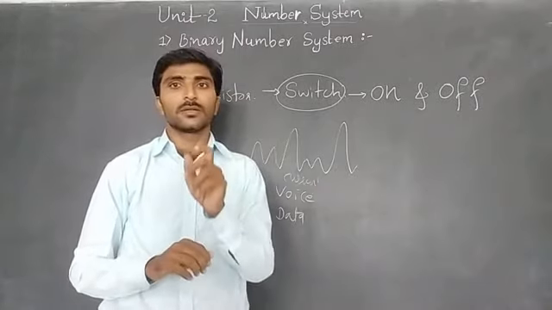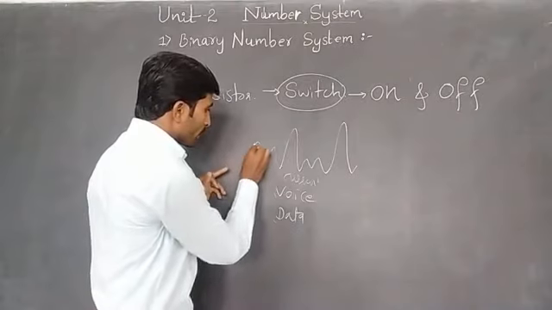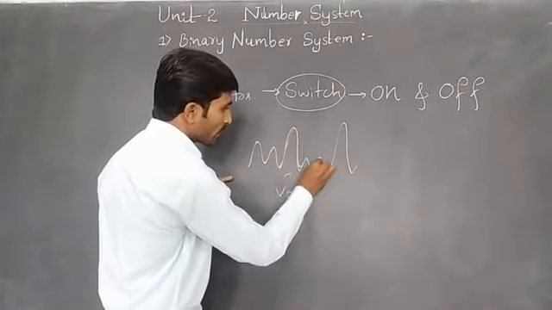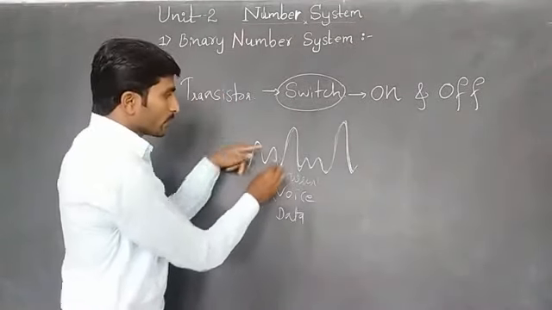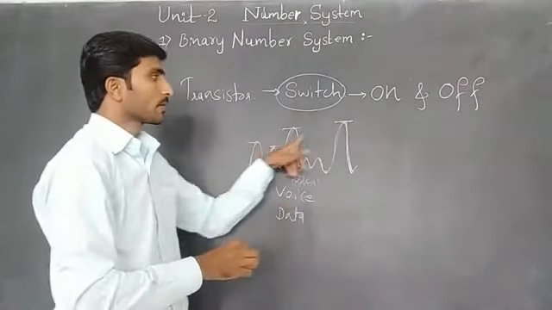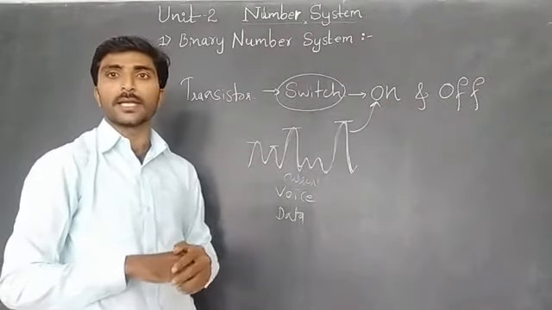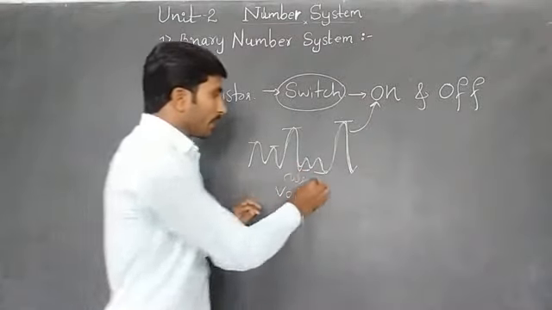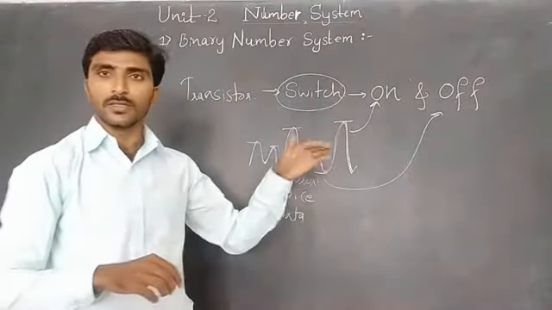Some signals are low signals, some signals are high signals. Assume this signal indicates the high or on state. Whatever low signals indicate the off state. This is the common meaning.